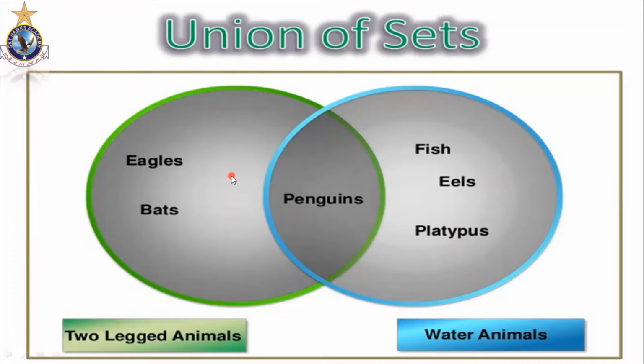So this whole area marked in gray color represents the union of two kingdoms of animals, two-legged and water. These are easy examples for understanding how we represent the union of two sets by Venn diagrams, where each and everything is included and the common thing comes only once.